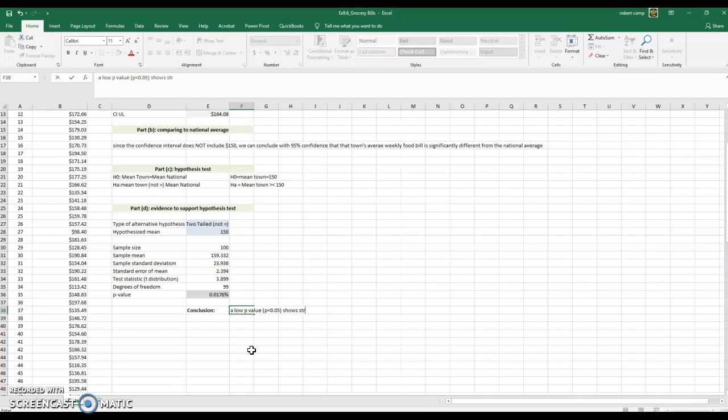But this shows strong evidence to reject the null hypothesis, H0. So basically the sample evidence shows that there is statistical evidence to support that the town's grocery bills are significantly different from the national average.